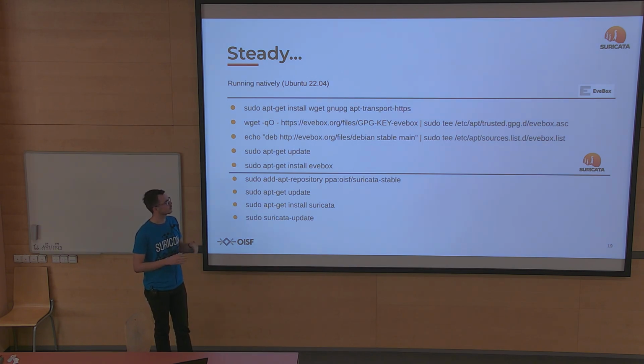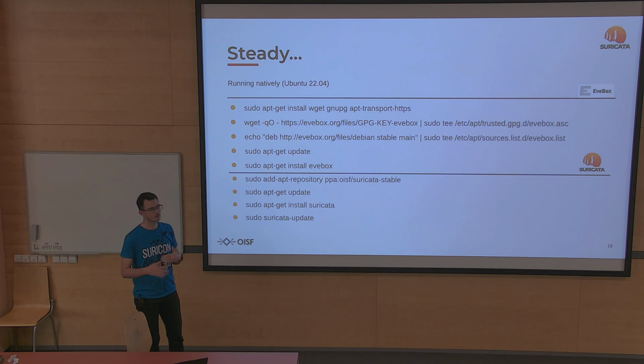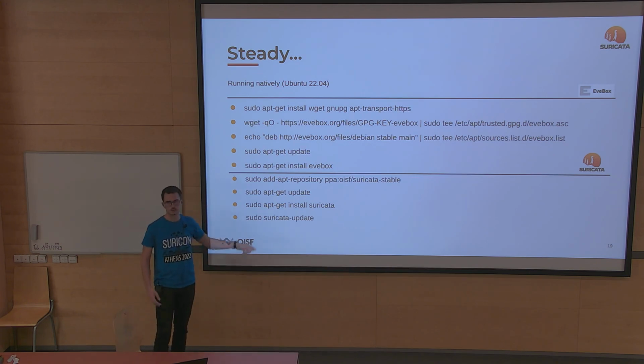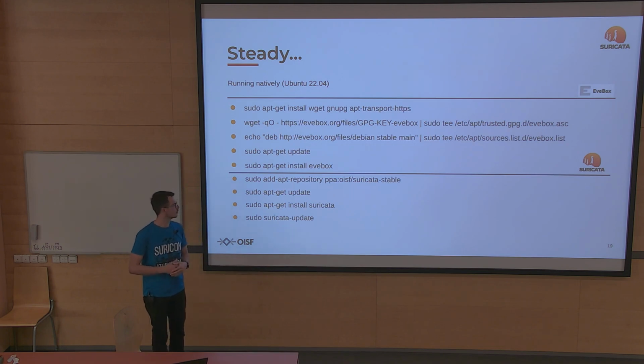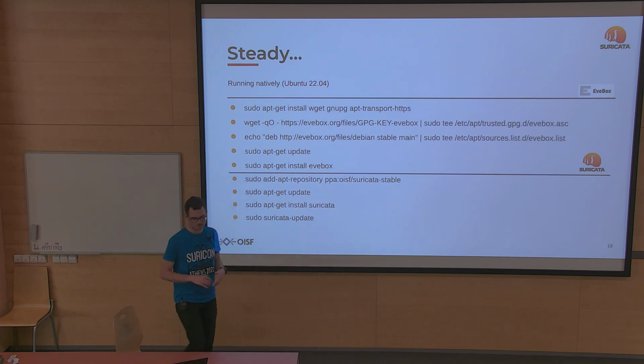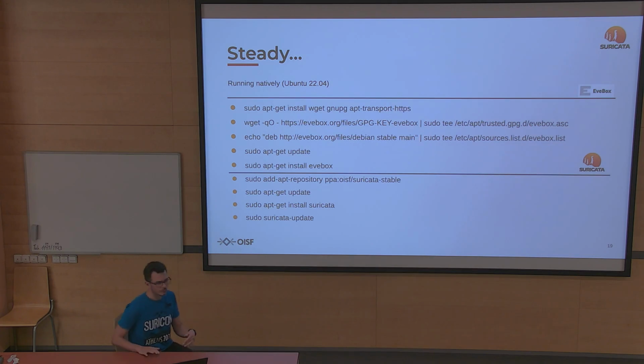It's still recommended to add our PPA, because in the official Suricata PPA you will always get the latest version, while we don't have control over what distributions put into their PPAs, so you might get an older version. You then update and install it, and suricata-update is a tool for updating the rules, which are used to detect malicious traffic on your network.